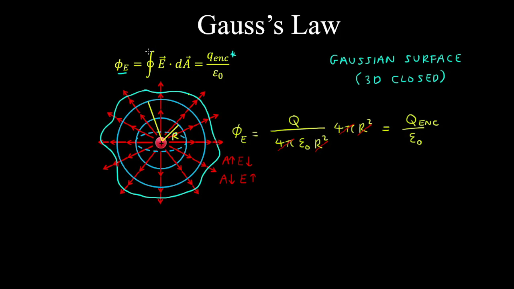So in general, we can write the flux as follows, using a circle on the integral. This states that the flux through a closed or Gaussian surface is equal to the enclosed charge over the permittivity of free space.